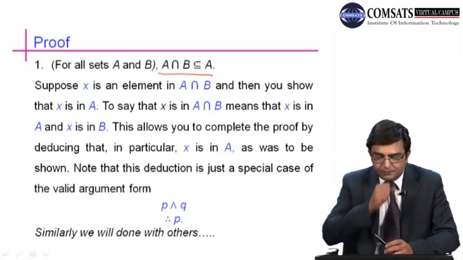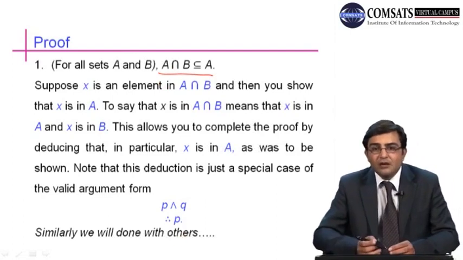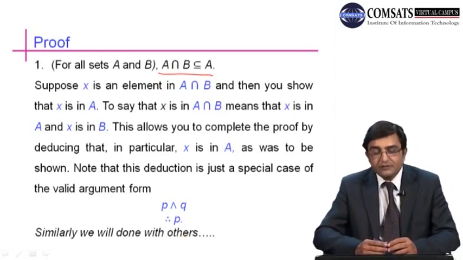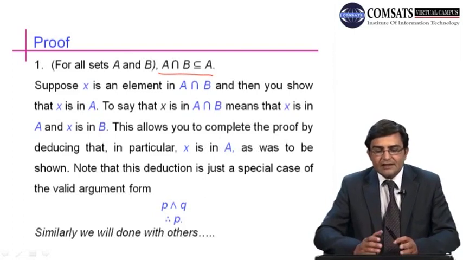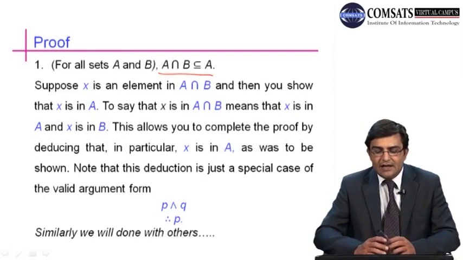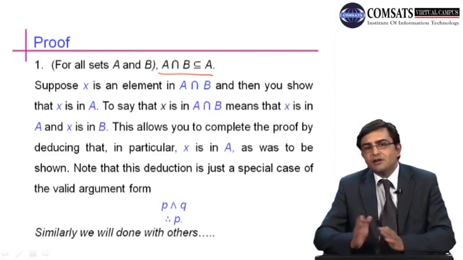So to prove A intersection B is a subset of A, what do we have to prove? We discussed in the previous lecture that to show that a set is a subset of another set, we have to prove that every element of the first set is also an element of the second set.